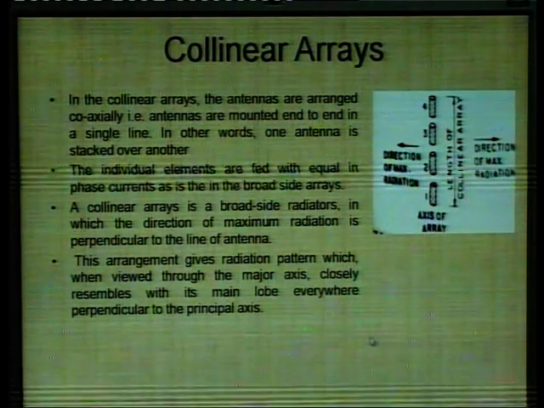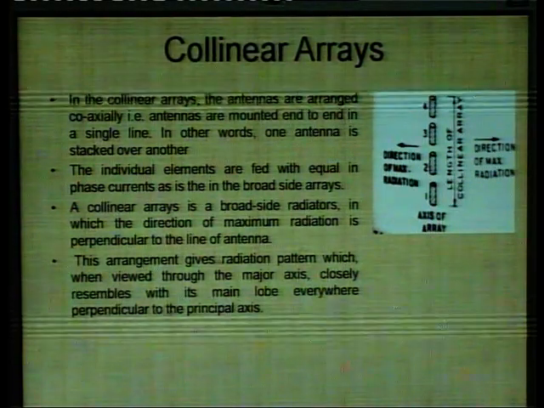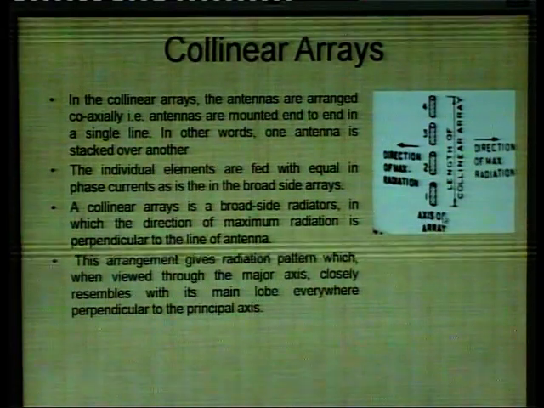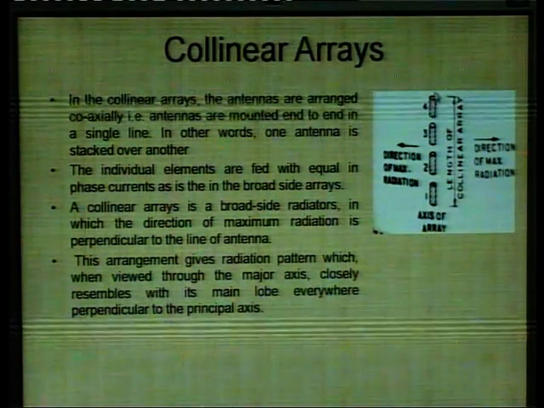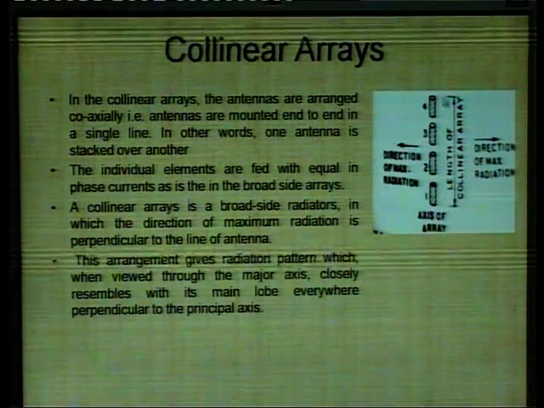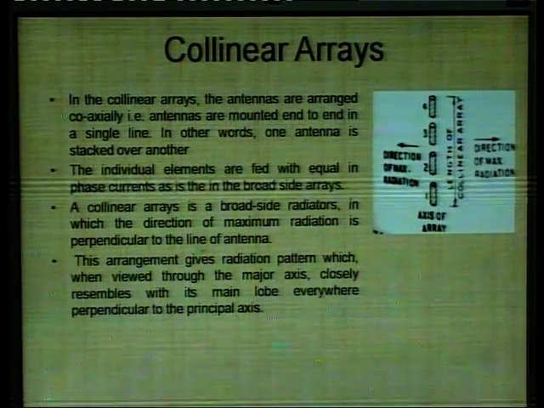A collinear array is a broadside array in which the direction of maximum radiation is perpendicular to the line of antennas. The direction of the array axis coincides with the axis of each antenna.